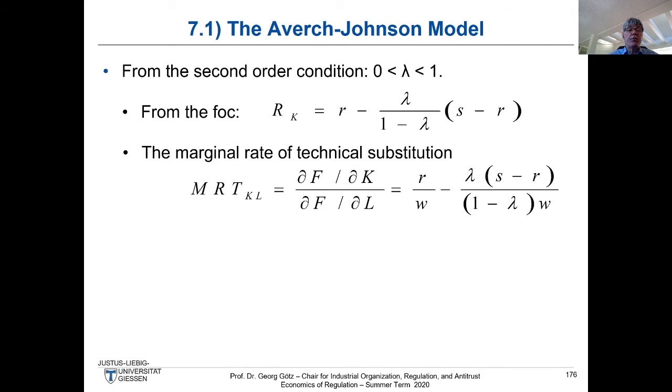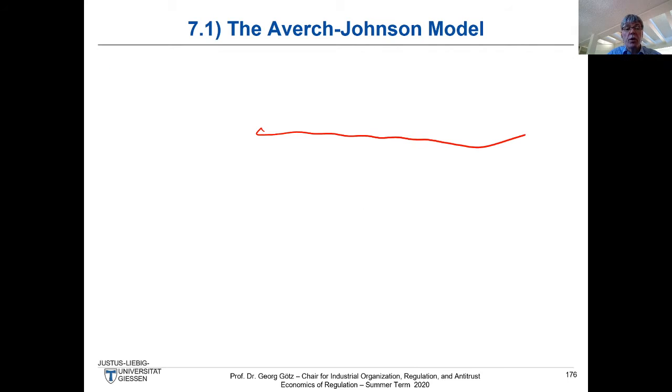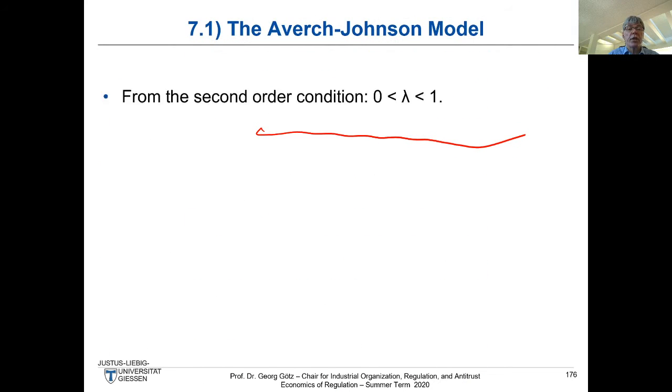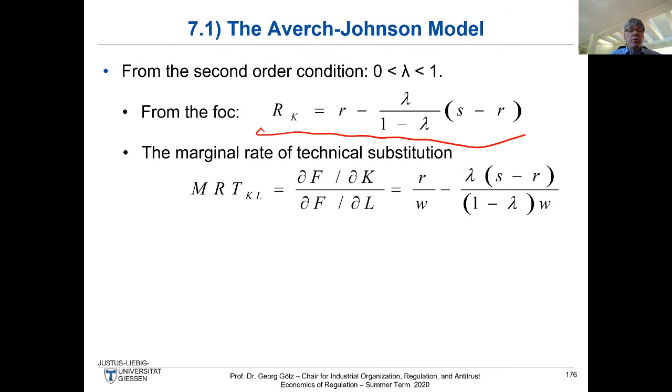Now, the first order condition, here's just the rearrangement. Remember, for R_L it was just W, but with R_K you also have the lambdas here. That's what you get from this condition if you just rearrange it and solve for R. Okay, and now the important point is the rate of technical substitution.